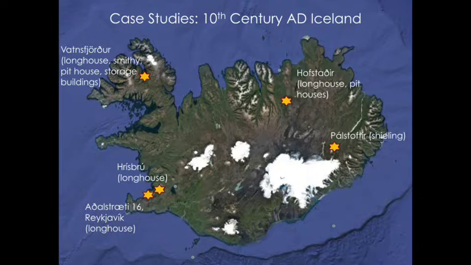Now, to give you a series of examples of the sorts of things I have been talking about, I'm going to draw on five different sites that are all contemporary with each other. They all date to the 10th century. They're all in Iceland. The reason I've chosen these ones is because they've been studied at least with micromorphology, and most of them have been studied using a whole range of different geoarchaeological methods.